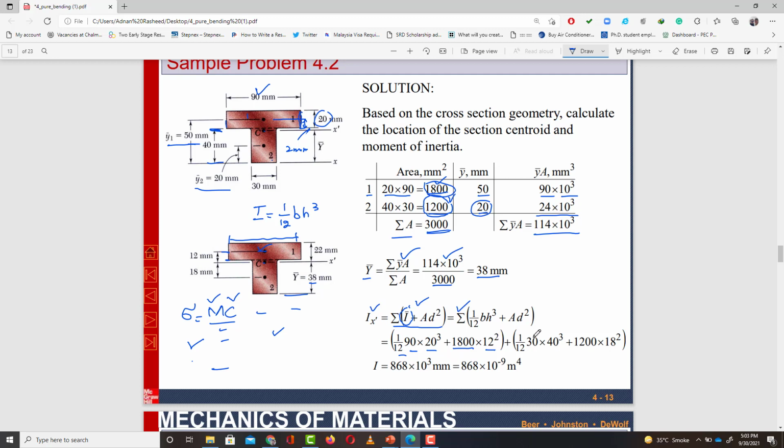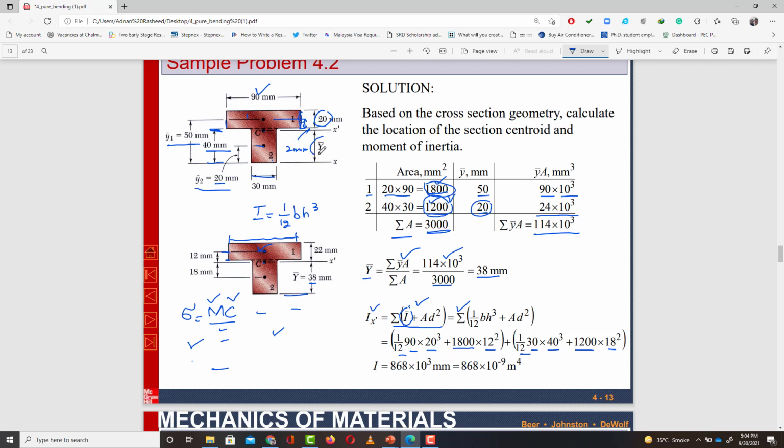So 12 square. Similarly for the lower portion, 1 over 12, breadth is 30 and height is 40. So that is 1 over 12 BH cube plus area of A2. Area of A2 is 1200. And what is D? Its center is at distance 20 and this y dash is 38.